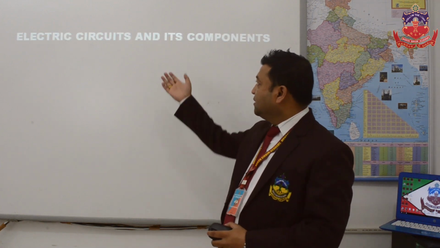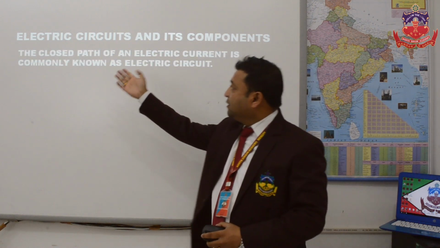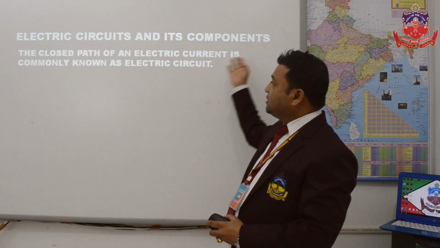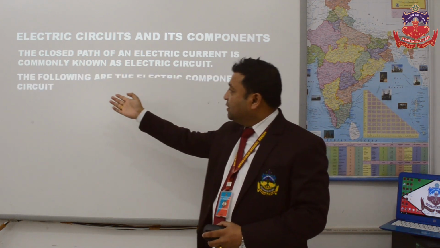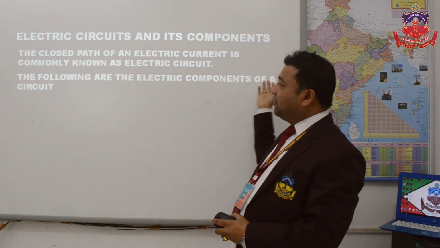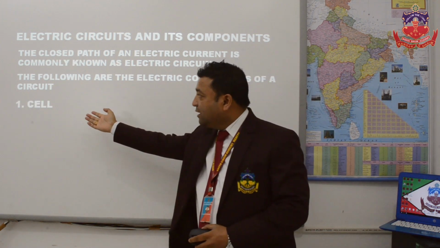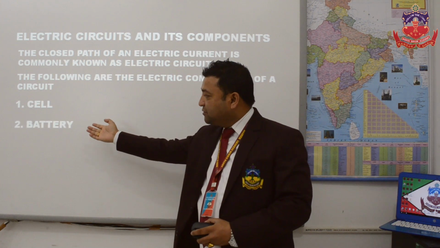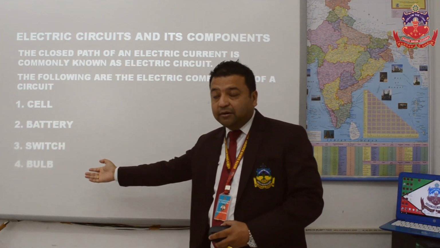Now another topic to be discussed is the electric circuit and its components. The closed path of an electric current is commonly known as an electric circuit. The following are the electric components of a circuit: cell, battery, switch and the bulb.